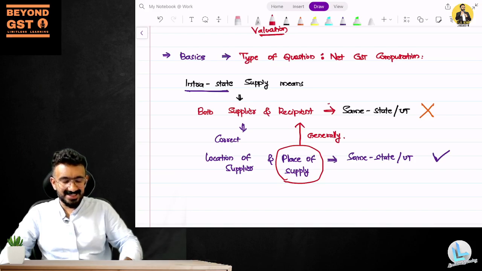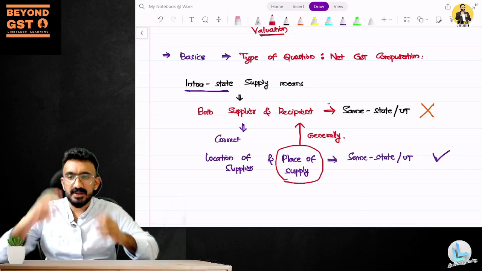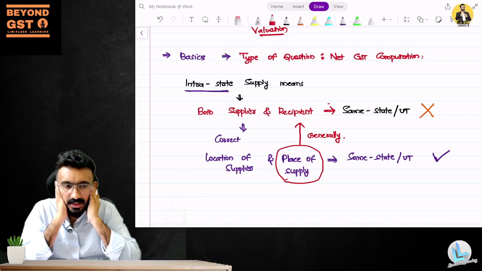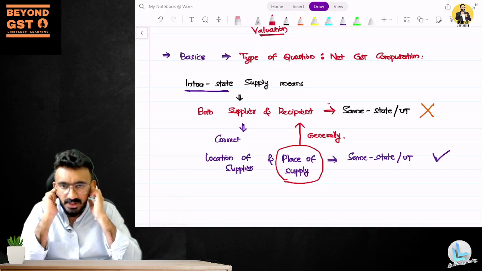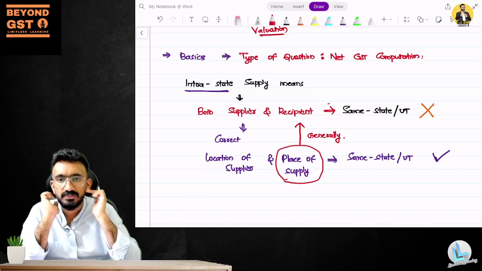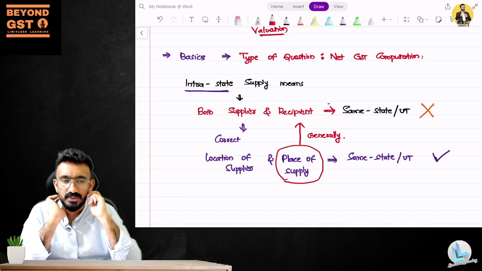So the correct understanding is consumption. Consumption is being denoted by the term place of supply. And how do I check the consumption? Normally, recipient's location would be the location where consumption is happening. But is it going to be always the recipient's location which is going to be the place of consumption? No. Are you understanding?